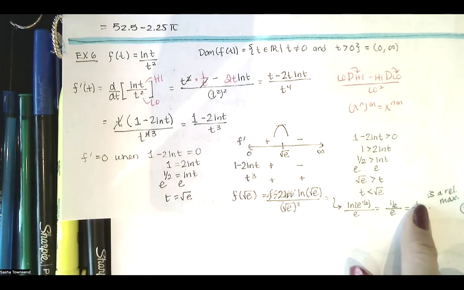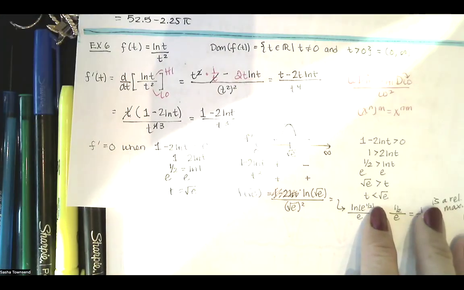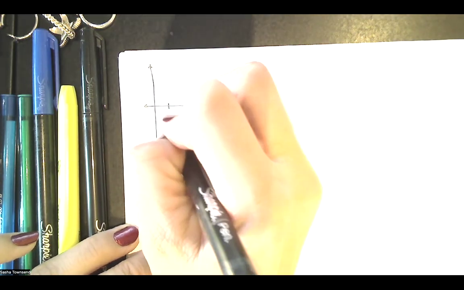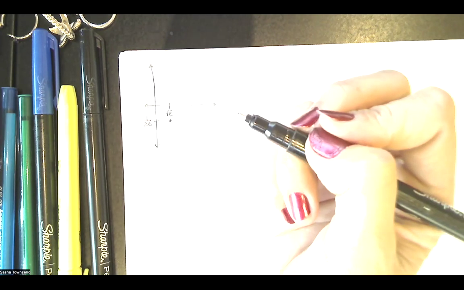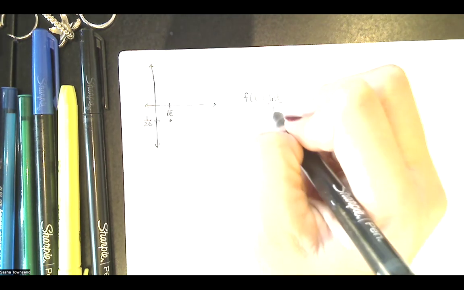Okay, so we know that that's true, and we can use that to graph our function now if we want to. And our function f of t is natural log of t divided by t squared.